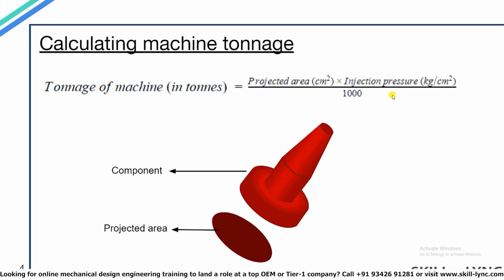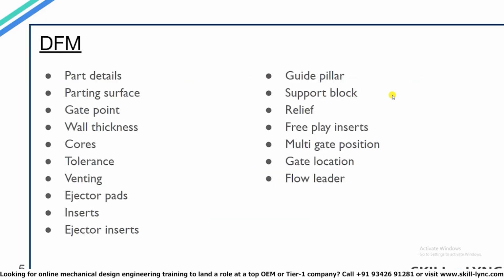But the machines available in the industry come in specific sizes. So a 17.5 tonnage machine might not be available, and in that case, you will select the closest machine with a value higher than the calculated value. For example, if you have a 15 tonnage and a 20 tonnage machine available, then you will go for the 20 tonnage machine.